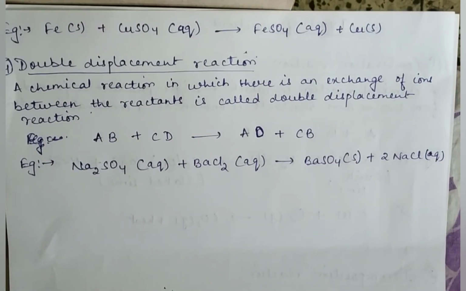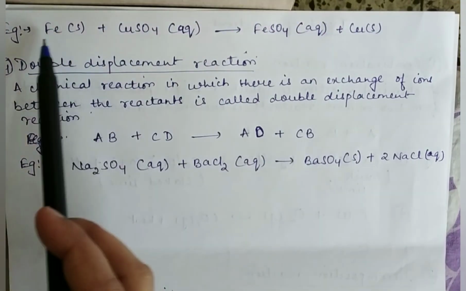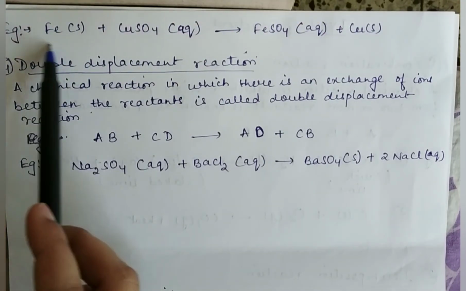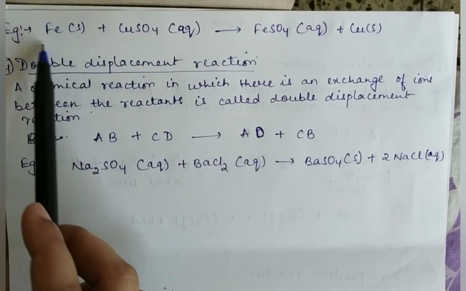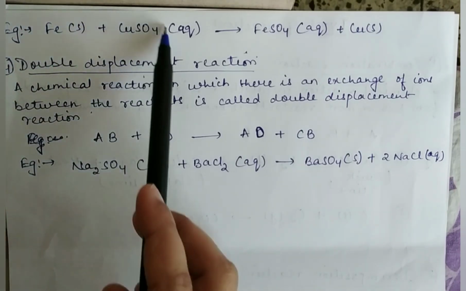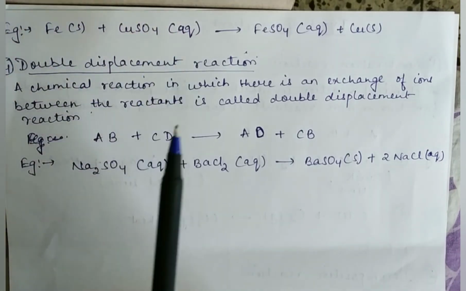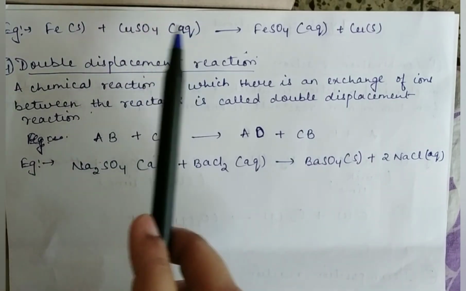An example showing a displacement reaction is this one, wherein I have taken iron metal and a copper sulfate solution in water, so an aqueous solution of copper sulfate.